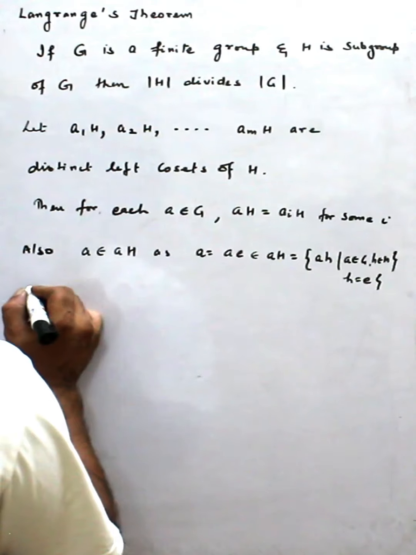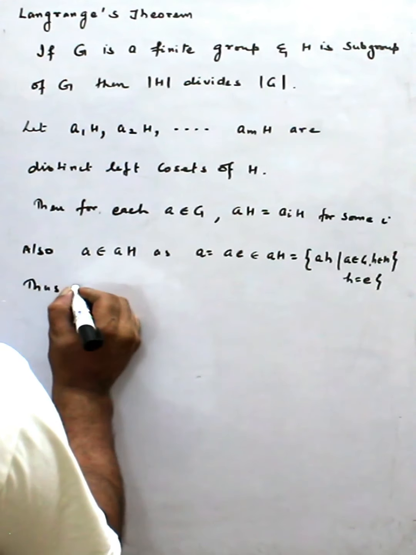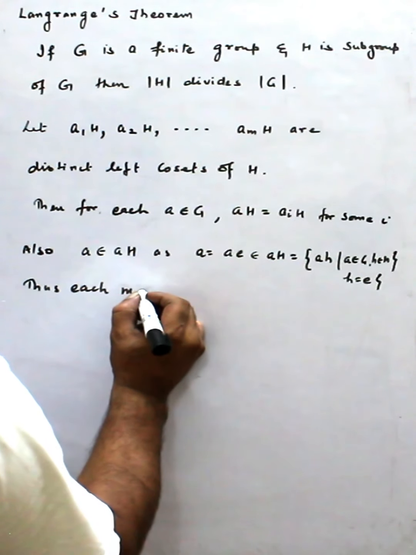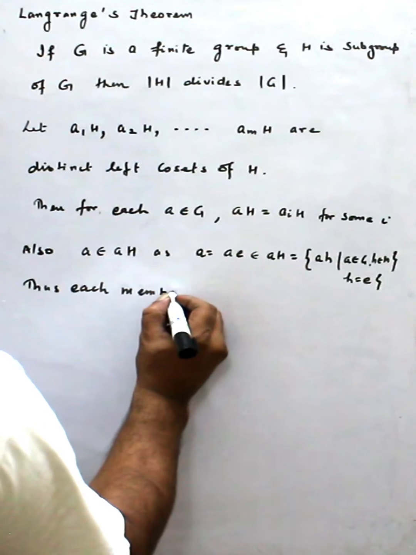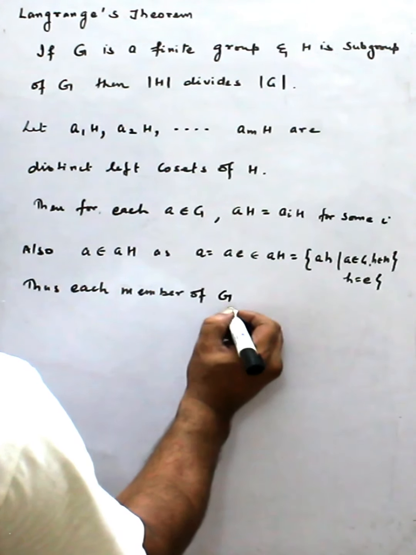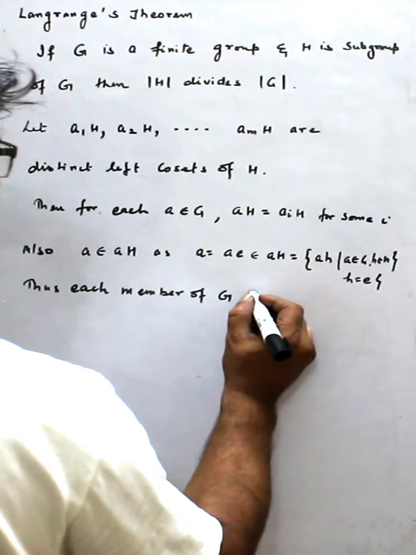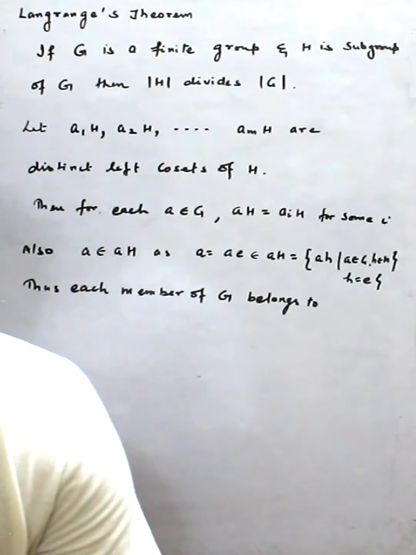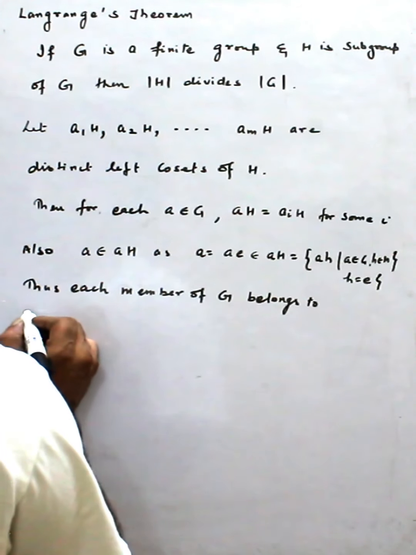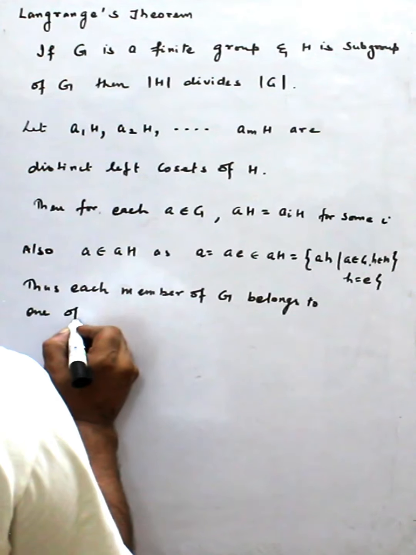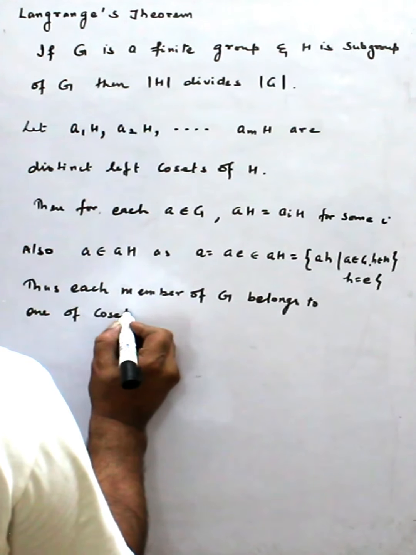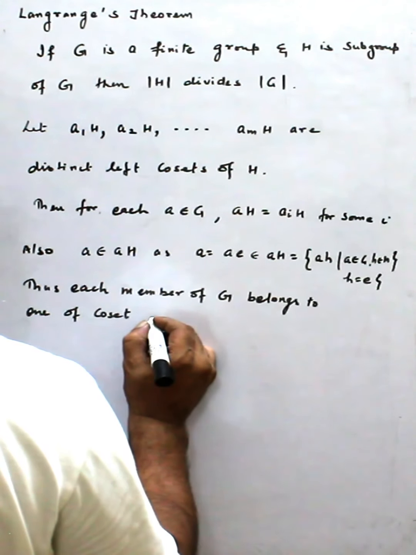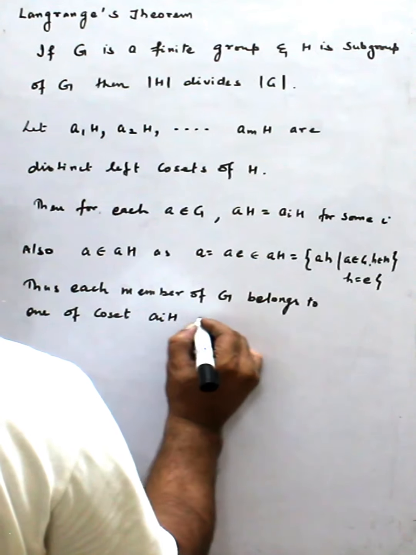Thus each member of G belongs to one of the cosets AiH.